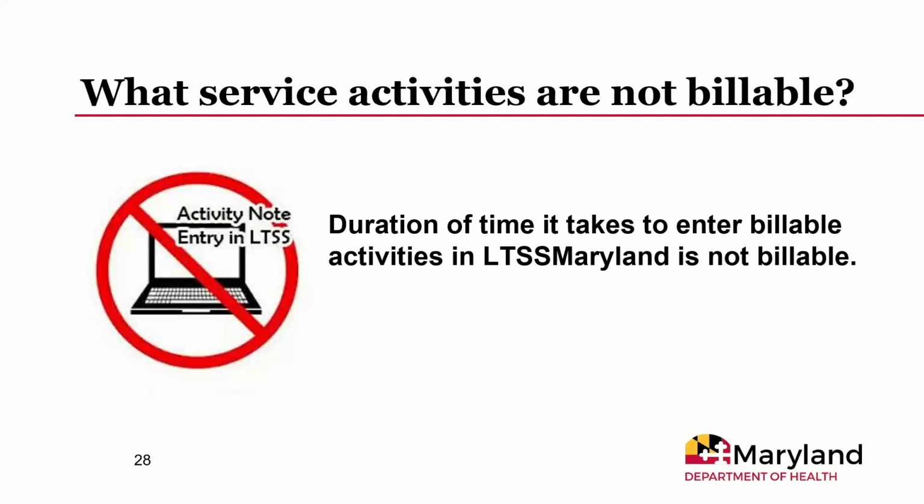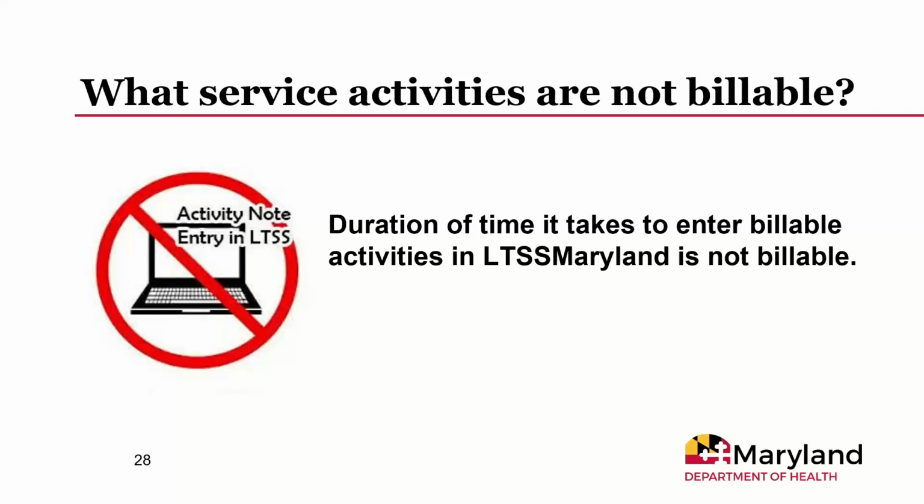Maintaining record of services rendered is required and serves as a legal documentation of services rendered by the CCS. It also documents the progress of the person over the duration of their plan year, as discussed earlier. However, the CCS is only able to bill for the service provided, not the time that it takes to summarize the activity in the LTSS system.